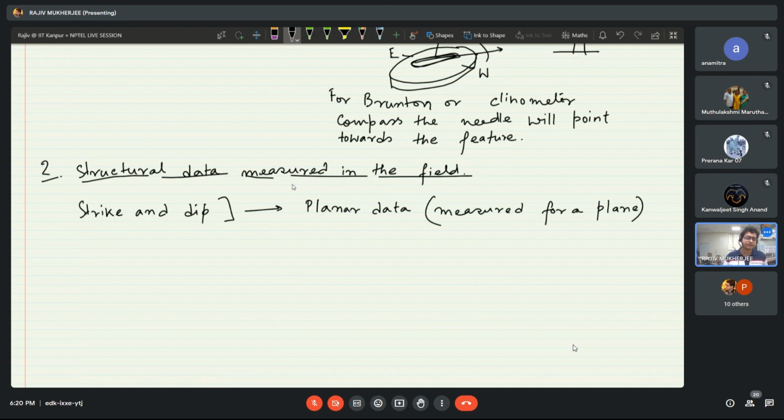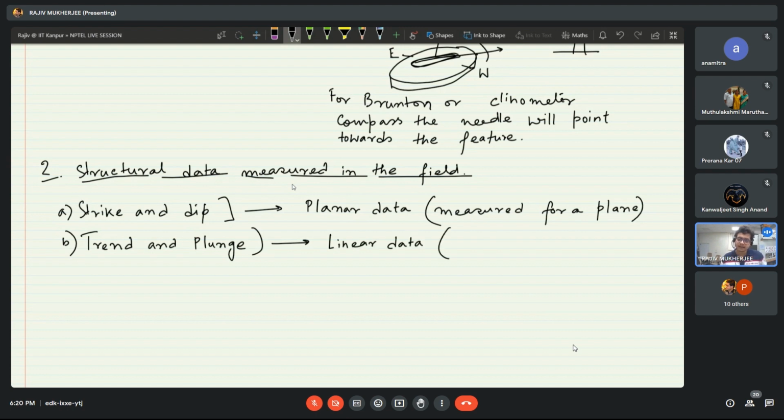However, we also measure two different kinds of data. One is trend and the other one is plunge. And these data are linear data.